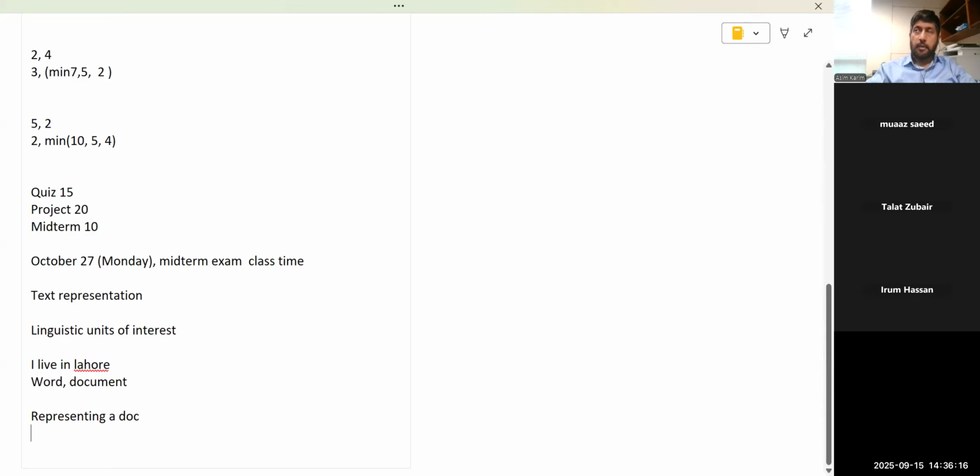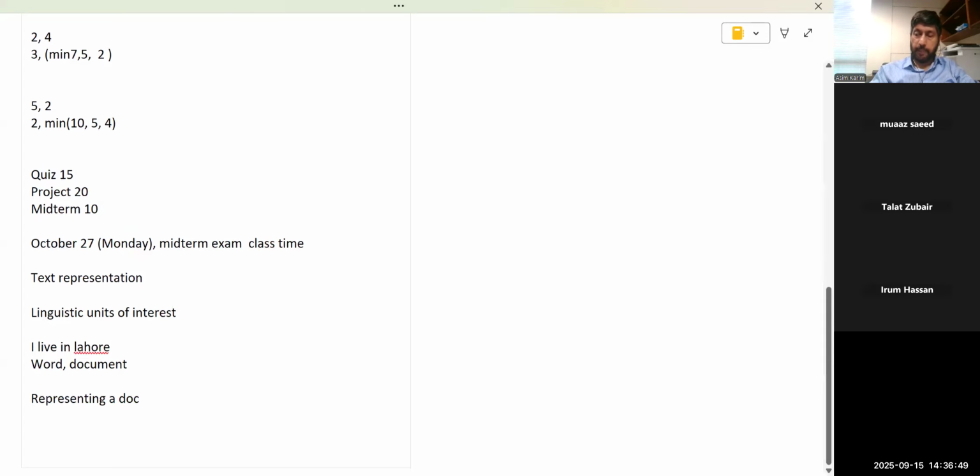As I saw, the doc I wrote above had 4 words, I live in Lahore. Okay. So obviously you can say that if you take words as the smaller units of linguistics, we basically represent each word by its id, and then you represent the document by a sequence of such ids. Okay. But we would like a representation that is more expressive.